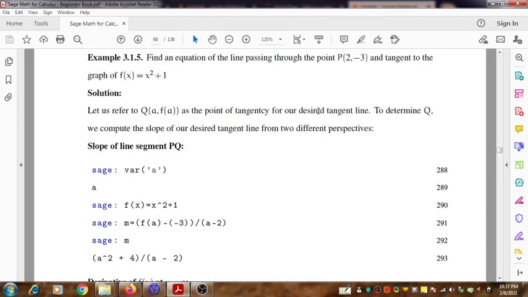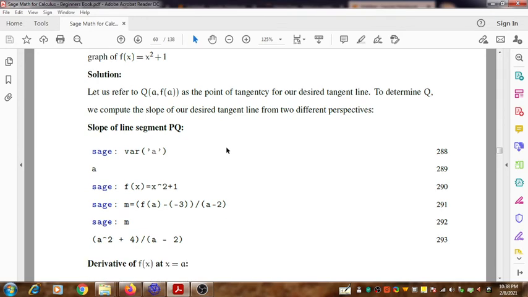The first part, the solution: we refer to Q = (a, f(a)) as the point of tangency of our desired tangent line. To determine Q, we compute the slope of our desired tangent line from two different perspectives.